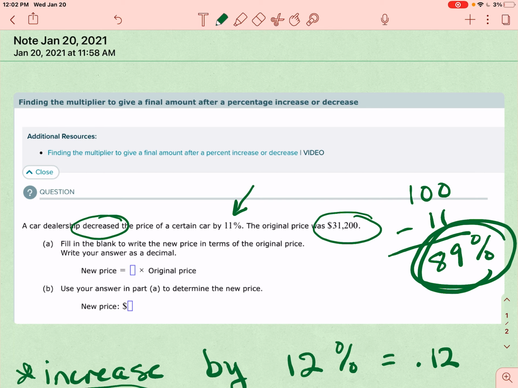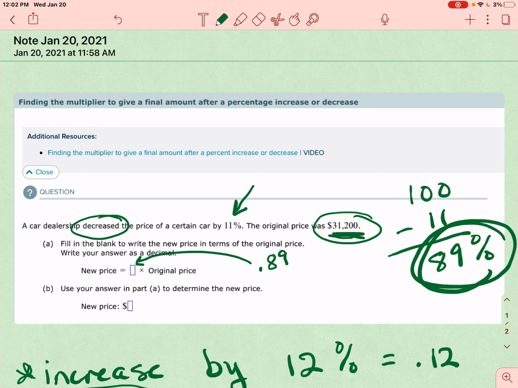So we will actually multiply our original price times 0.89 to get the new amount. When we put that number in a calculator, we'll go 0.89 times 31,200, and we'll get a new price. So I'll do that real quick. 0.89 times 31,200.